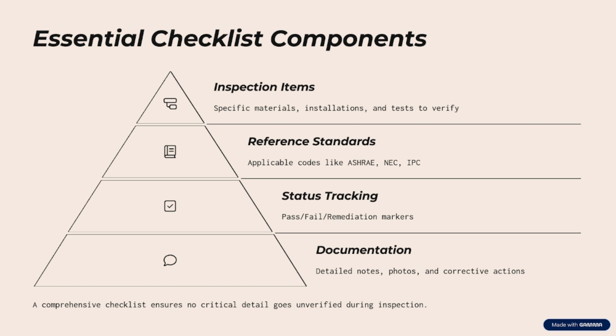Whenever you add an ISO standard or any standard in the checklist, it looks like a proper standard format. So it will boost your credibility in front of the client, since you are mentioning standards that are really required at site. The second one is status tracking.